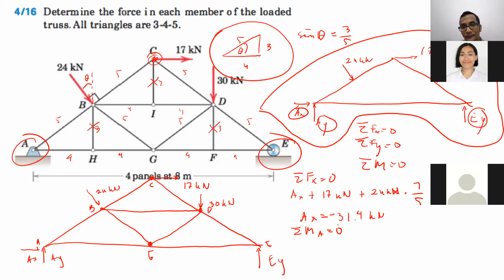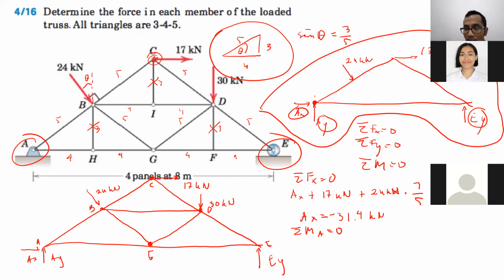What do we have there, Judy? At A, we have AX and AY. No. Sigma moment at A means the center of rotation is at A. Remember, we only have EY, right?